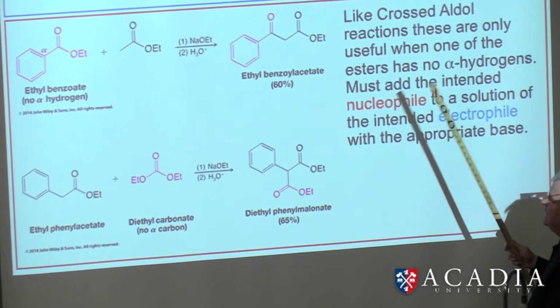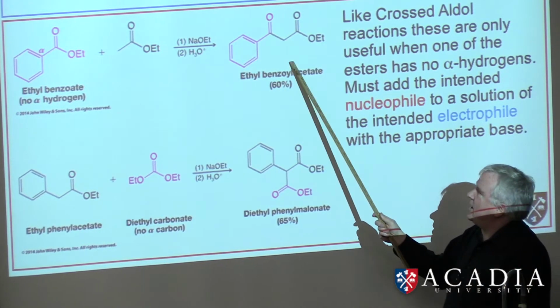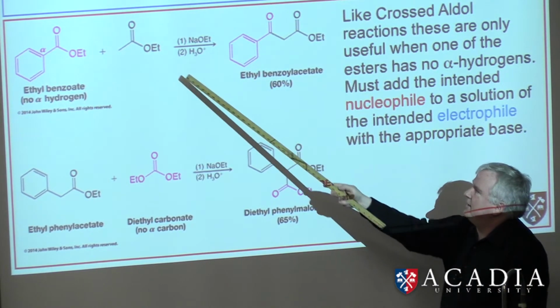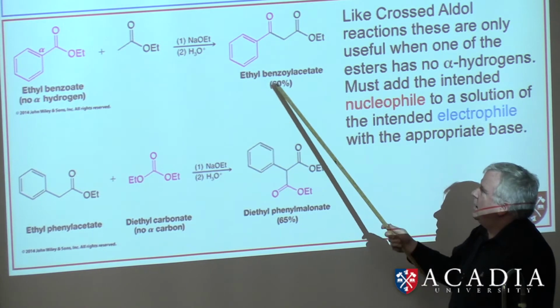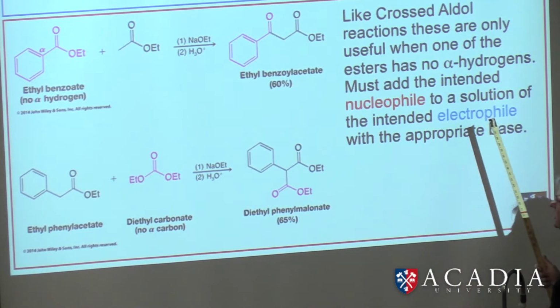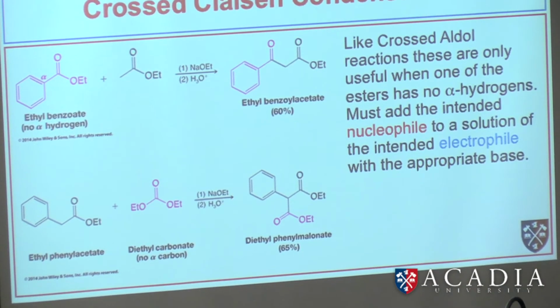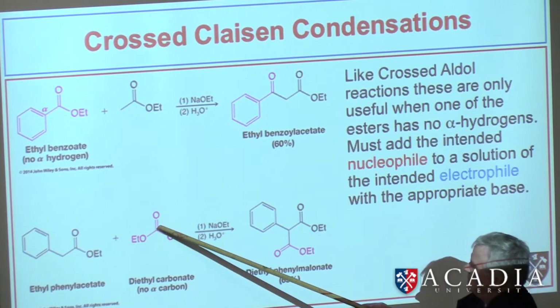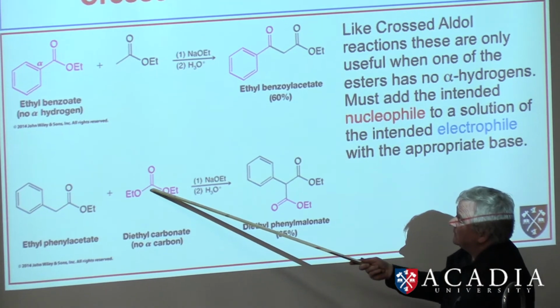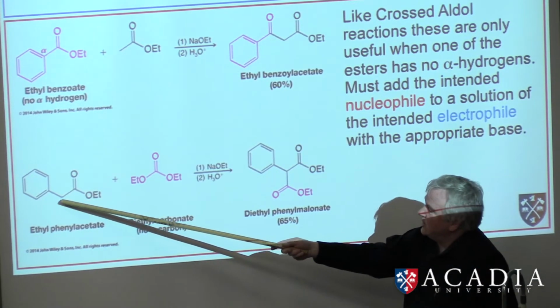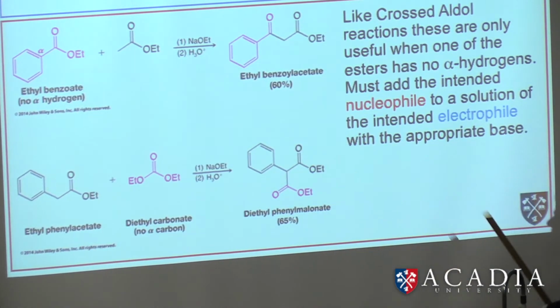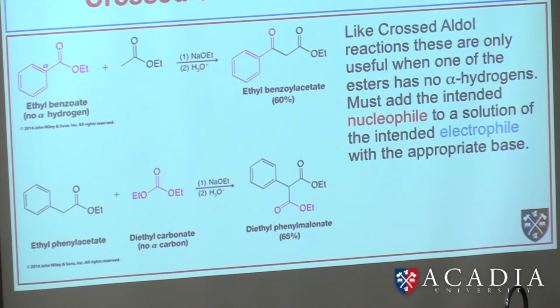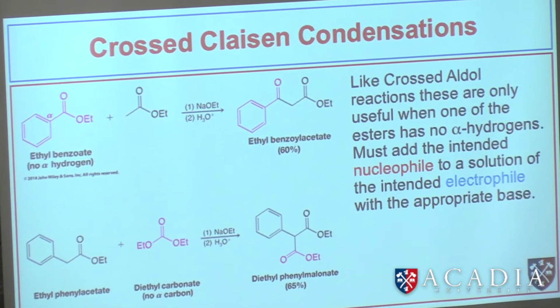In this particular instance, one of the interfering compounds is going to be the self-condensation, but we do still get significant yields here. The bottom one is the same. This one doesn't even have an alpha carbon, so only this one can be our nucleophile, and it can attack that, and we can end up getting the crossed Claisen condensation.